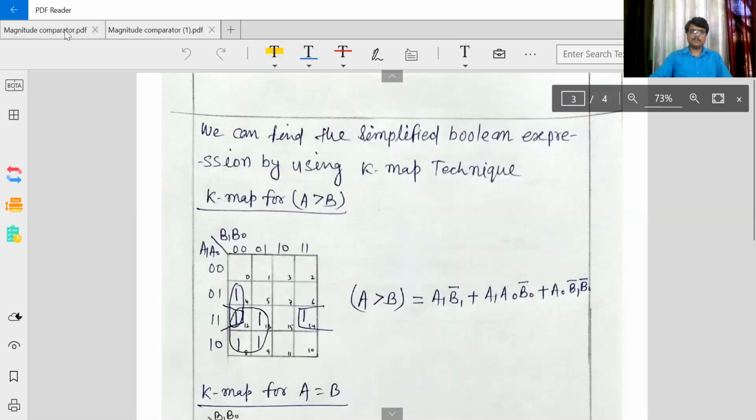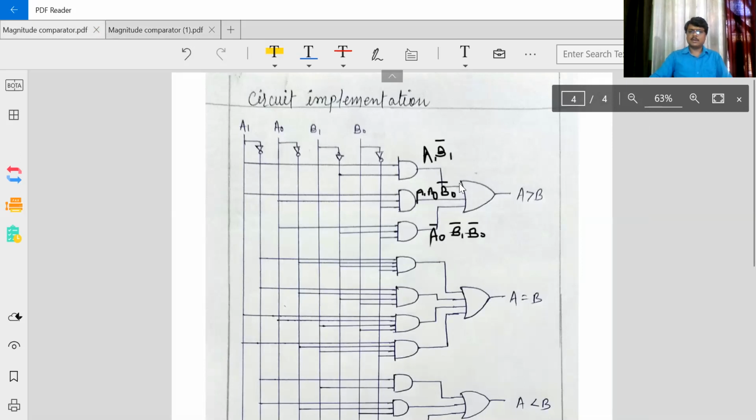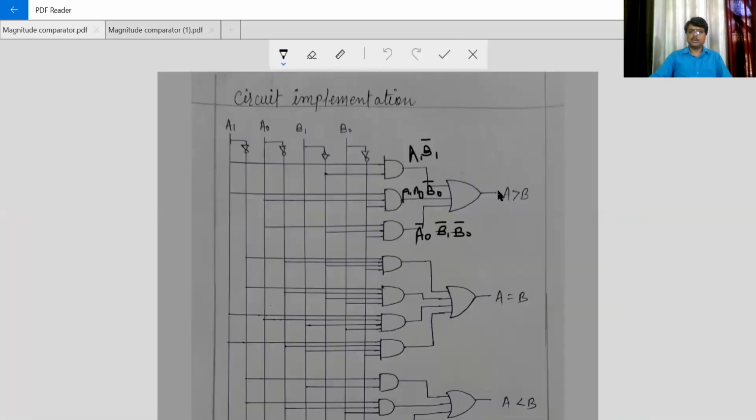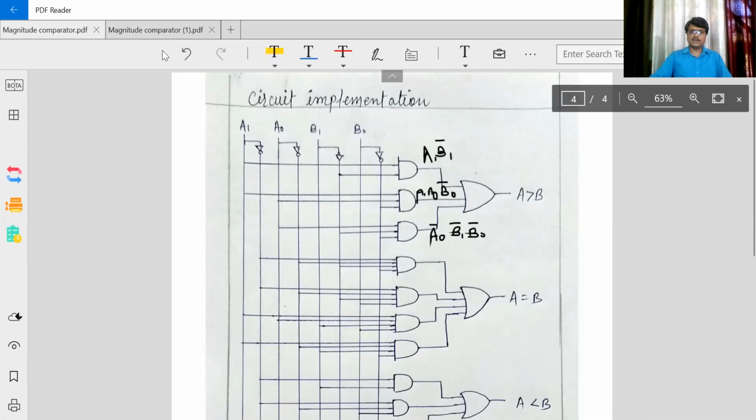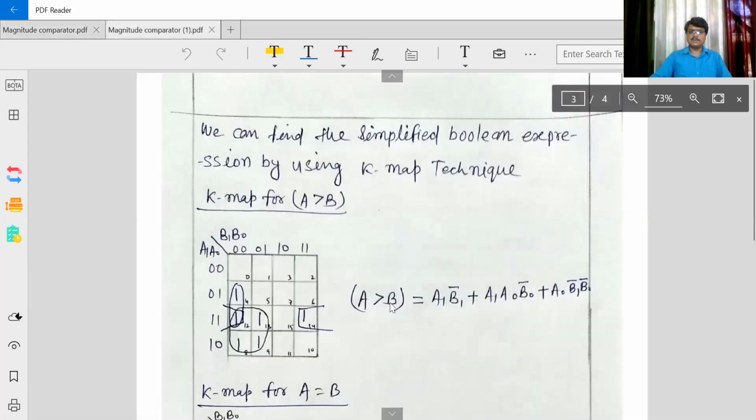Here we have an OR gate and we have given the output of the AND gates to the input of the OR gate, and this is our output. What will be the output? It will be the summation of A1 B1 bar plus A1 A0 B0 bar plus A0 B1 bar B0 bar. Now this was the expression for A is greater than B.